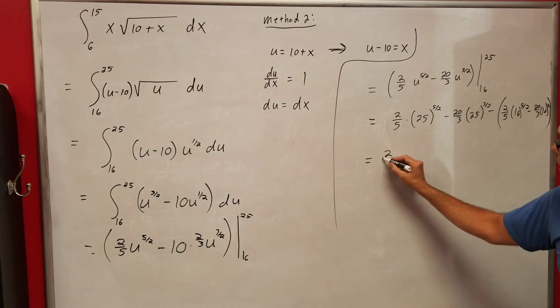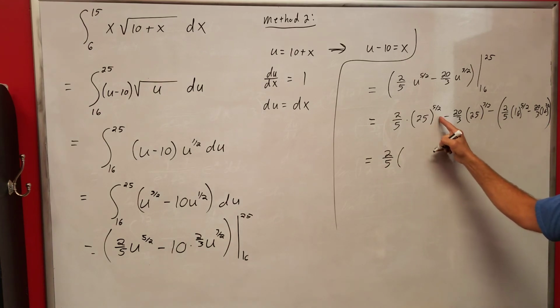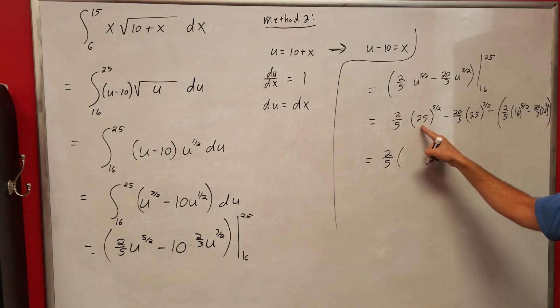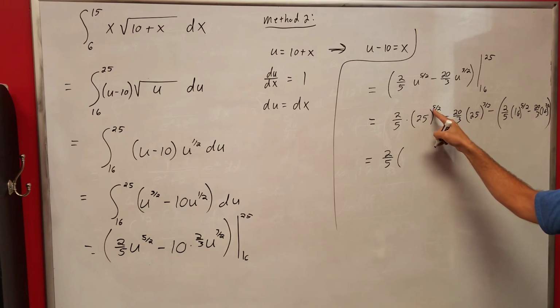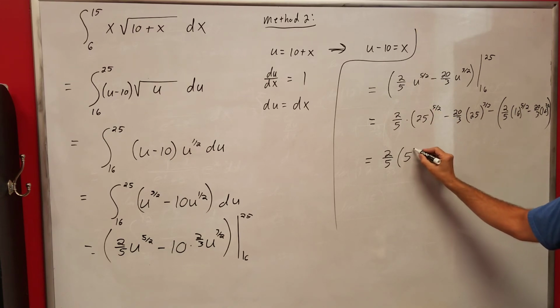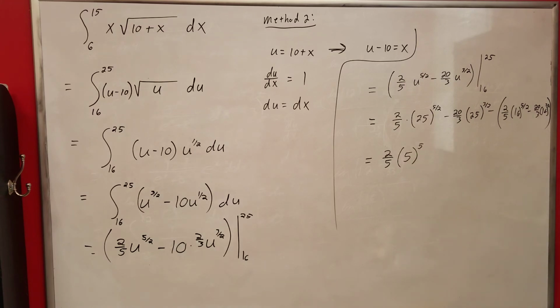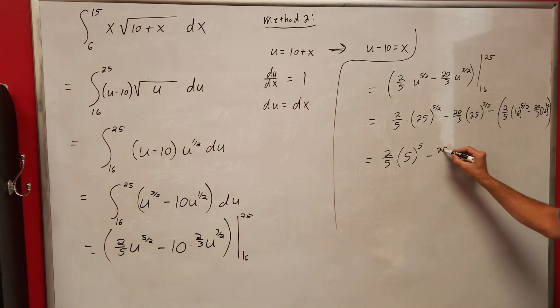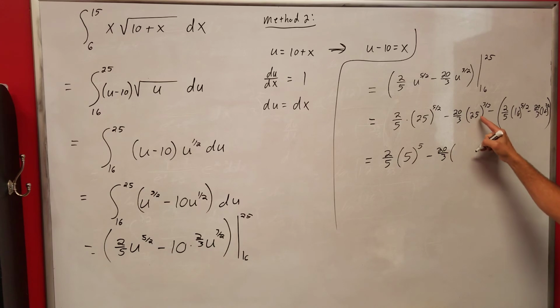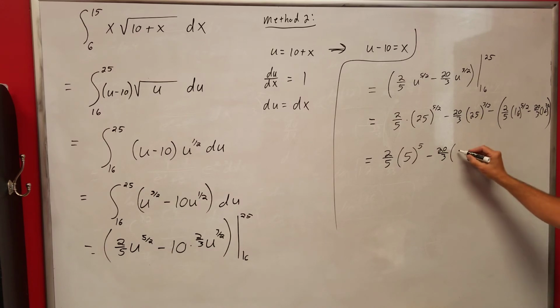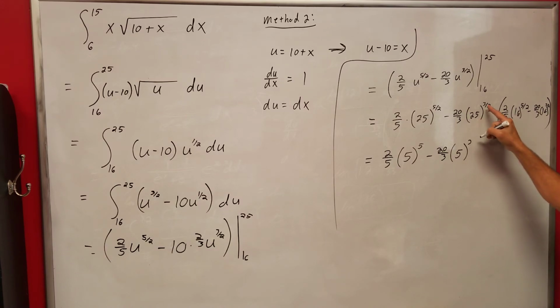All right, so what do we get here? We get 2/5. That's the square root of 25 raised to the 5th, right? Square root of 25 is 5 raised to the 5th. Minus 20/3. That's the square root of 25, which is 5 raised to the 3rd.